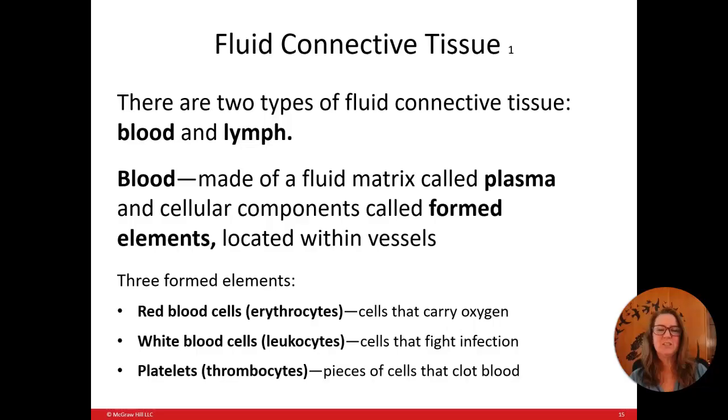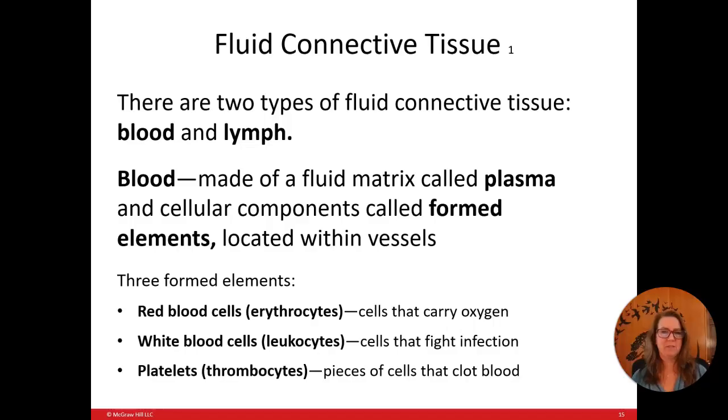All right, so then we have this really bizarre type of connective tissue, the fluid connective tissue. So the two kinds of fluid connective tissue are blood and lymph, kind of its cousin. So blood has as its matrix, as I mentioned before, the plasma, or the kind of the watery nutrient version of the blood. And then we have what we call the formed elements, which are the blood cells.